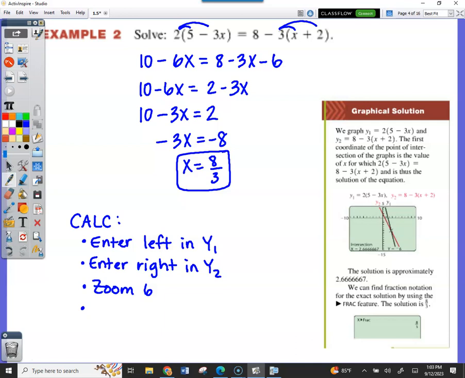If that doesn't find it, you do have to possibly adjust your window. And then second, calc, intersect, and I'll put it underneath, it's going to ask you 3 questions to proceed.